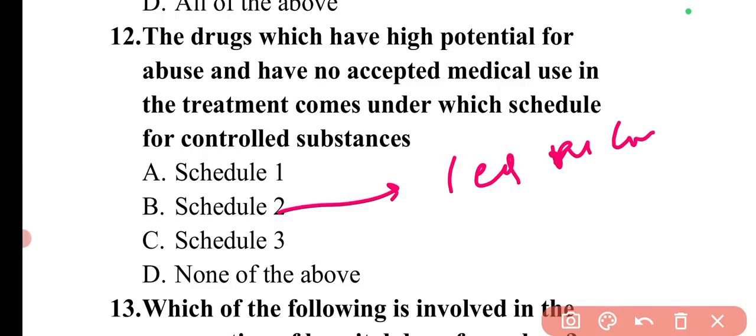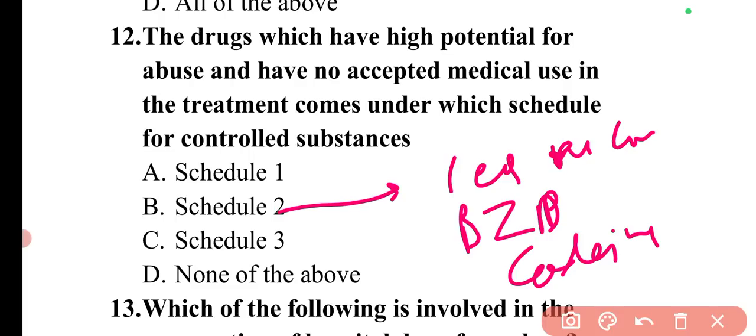For example, different benzodiazepines can be used. There can be phenobarbital, codeine. Codeine is antitussive. There are different steroids, different painkillers. These come under schedule number 2.